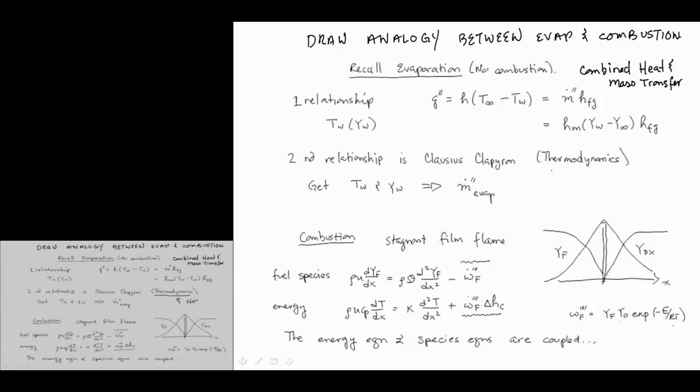And we're going to play on this simple idea when we talk about this combustion problem. So we have, again, two unknowns in this equation, and we close it with the thermodynamics. And in the combustion problem, it's more complicated.